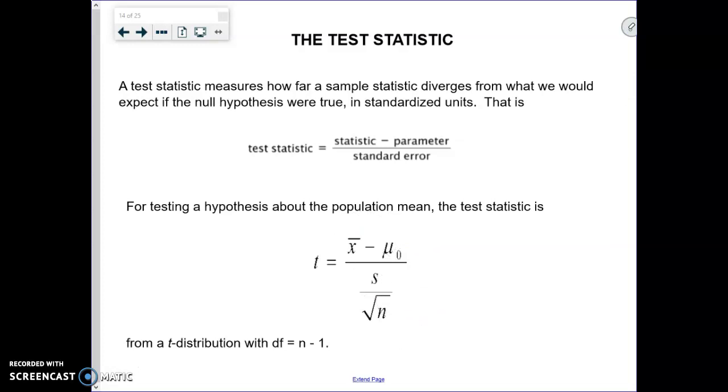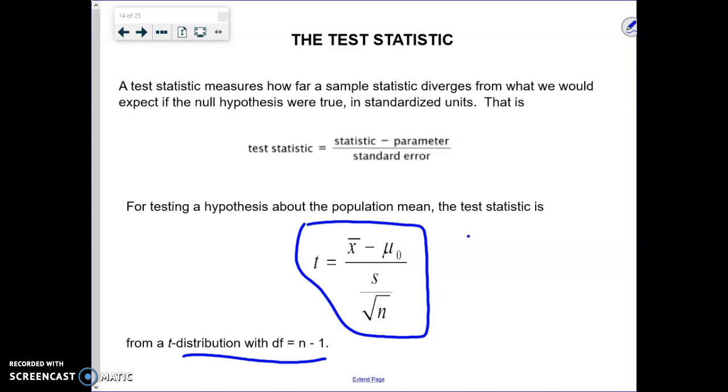Now again, this will allow us to find something called a probability value. I will put this on your formula sheet. You don't have to memorize it. But remember that for a t-distribution, you always use degrees of freedom, which means sample size minus 1. So again, this is your test statistic right here, ladies and gentlemen. That's what you want to use, okay?